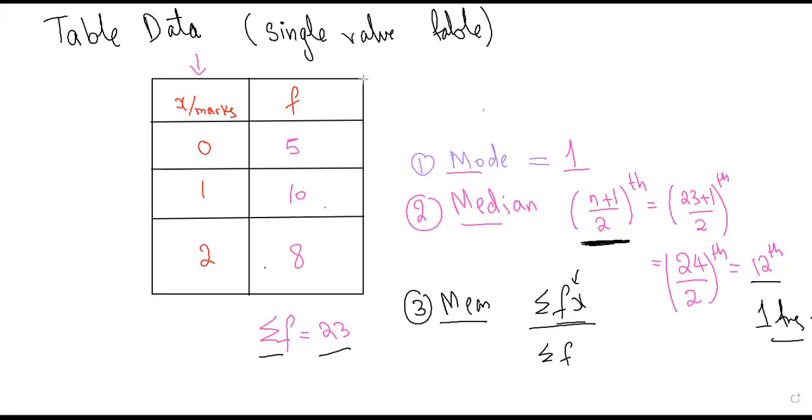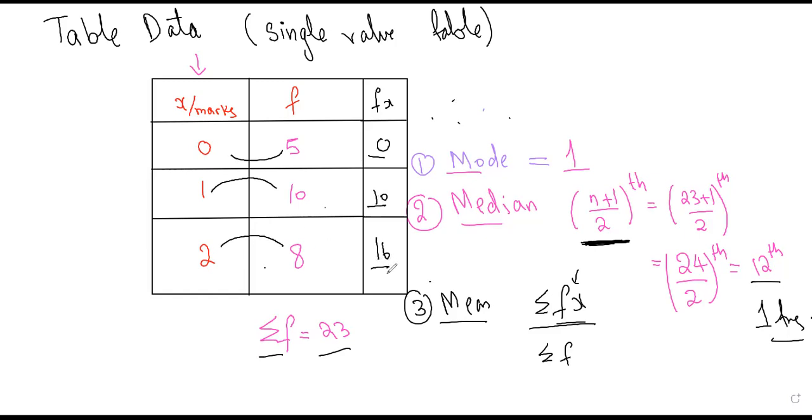It is going to be zero, 10, 16. Okay, I've multiplied f and x. 5 into 0 would give you 0. 1 into 10 would give you 10. 2 into 8 would give you 16.